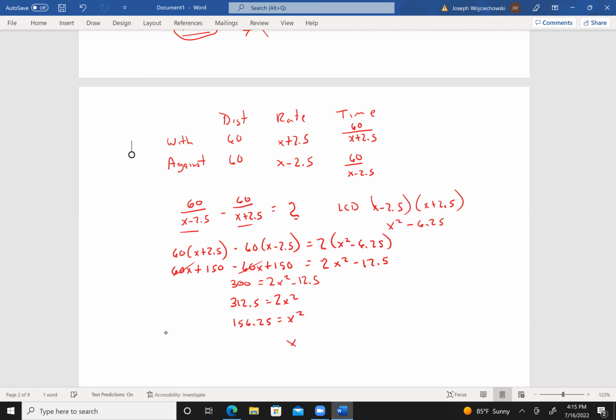So x would be plus or minus 12.5. We're talking speed, so it would only be plus 12.5 kilometers per hour.